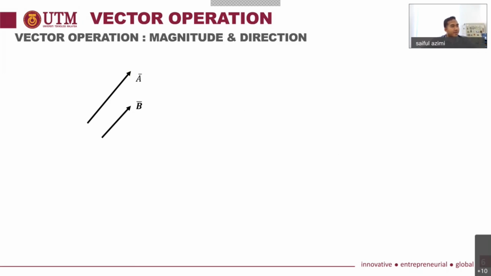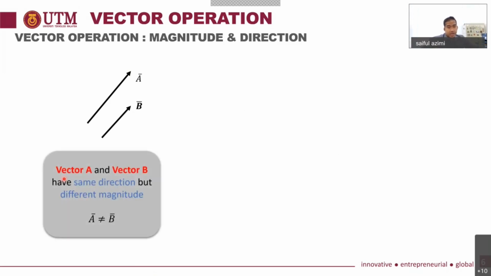Can you hear me? It's no, sir. It's no. Right, it is correct. Okay, so vector A and vector B have the same direction, but different magnitude because vector A is longer than vector B. So vector A is not equal to vector B.